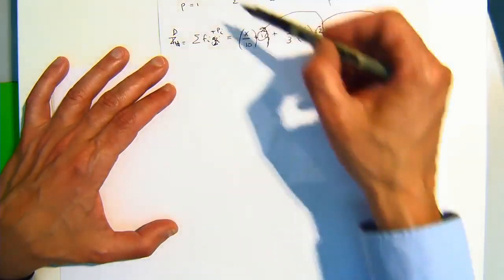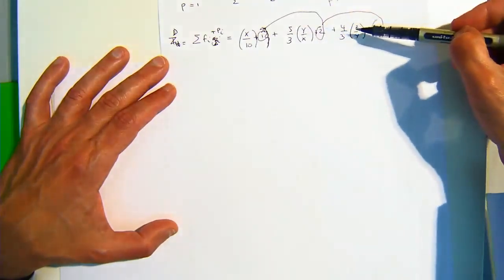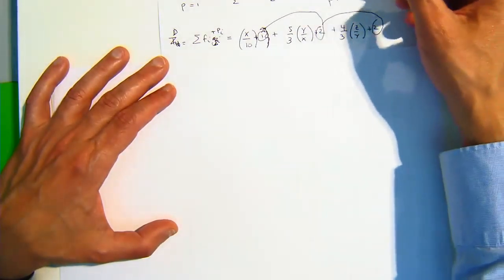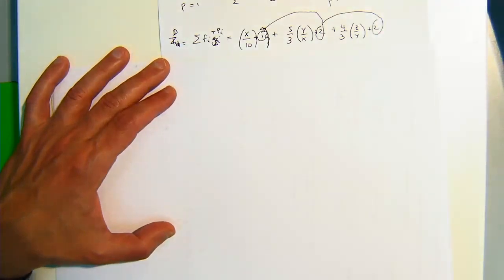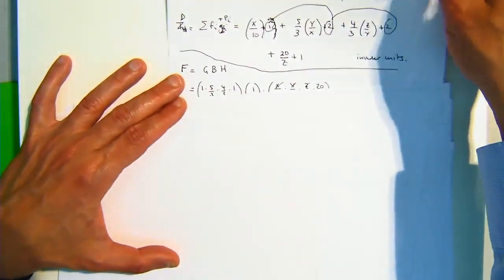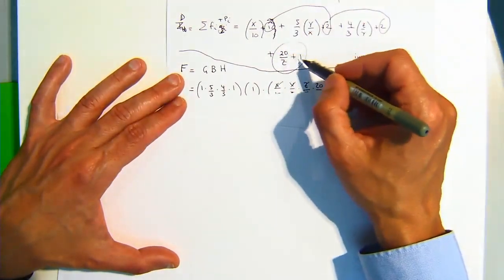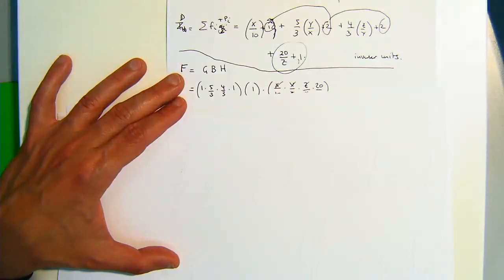So G1 times H1, G2 times H2, G3 times H3, yep. All right. So therefore, plus G4 times H4, yep, plus the inverter there, okay.